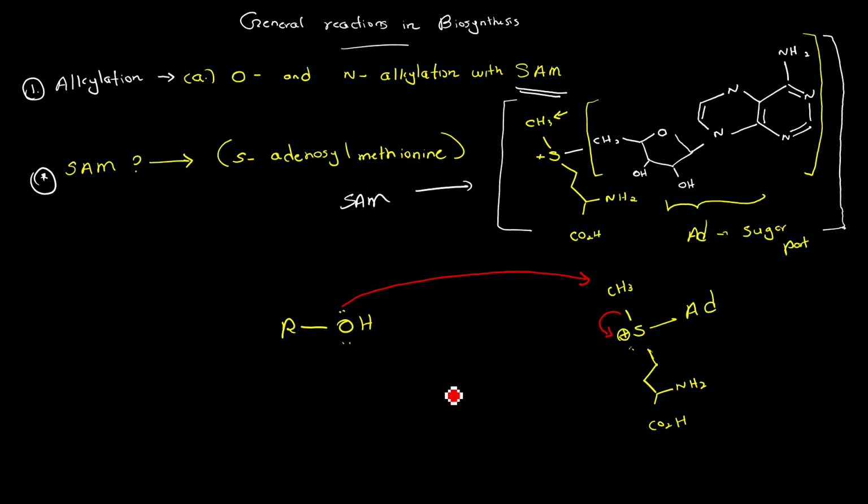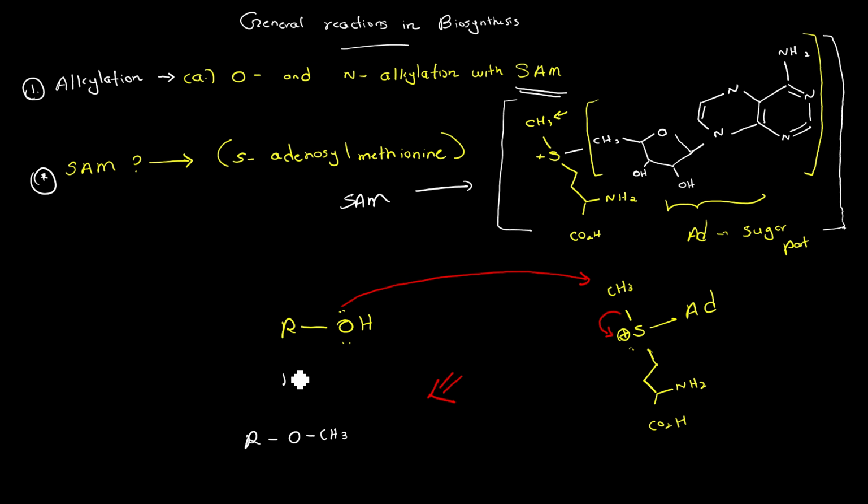So now we will have ROCH3, and the remaining part will be removed. So this is the basic reaction for the alkylation process. SAM is the most common reagent which we are using.